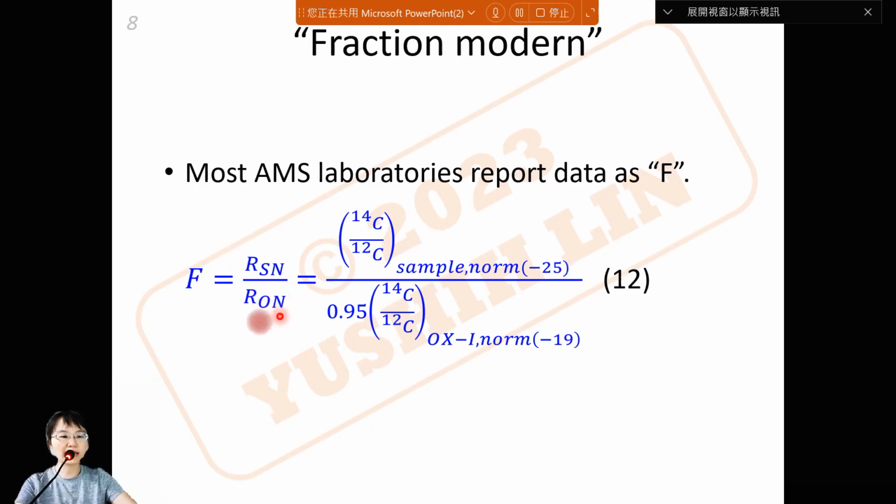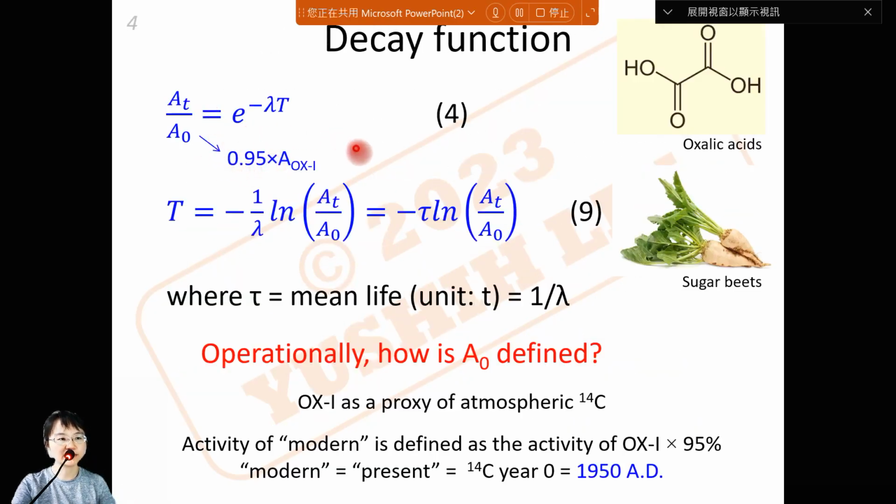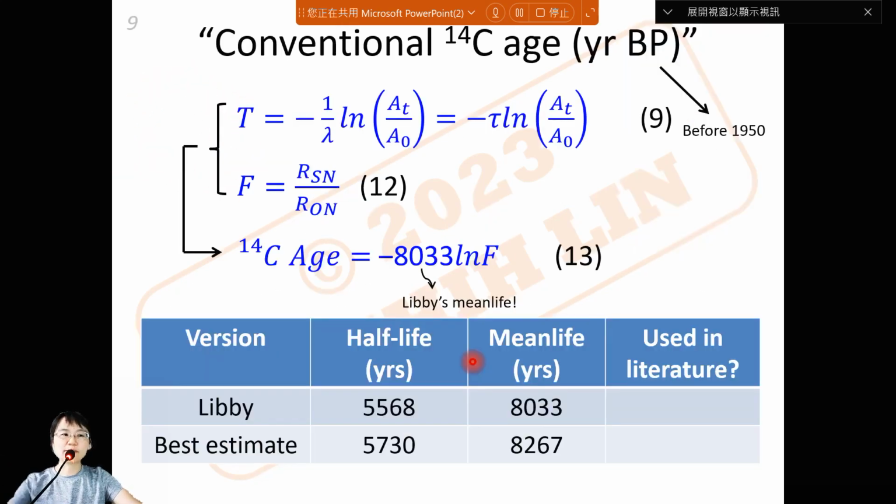And RON, O means OX1, which is our modern standard, normalized to the delta C13 value of minus 19 times 0.95, which is here. So what you see is actually this one. F is this one.